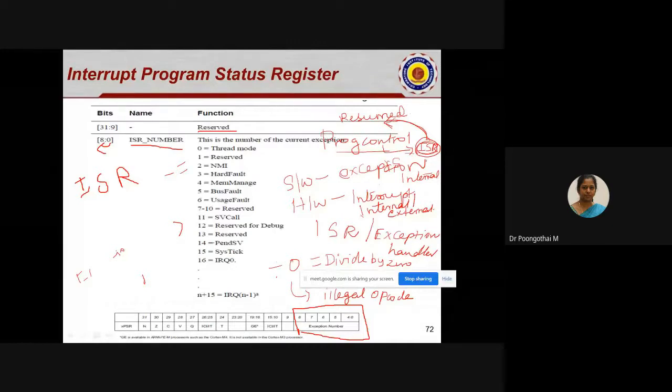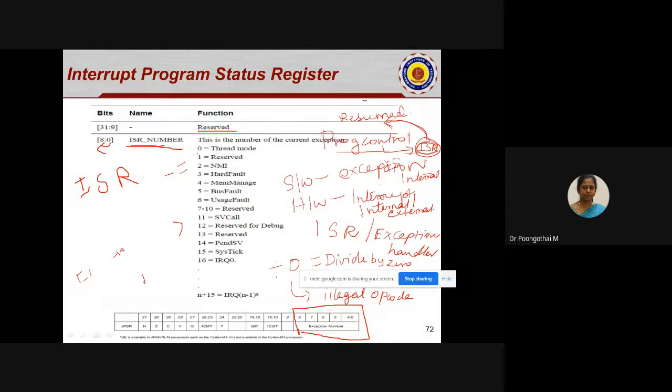This will hold the current ongoing exception type number. Every interrupt source is associated with one exception number.